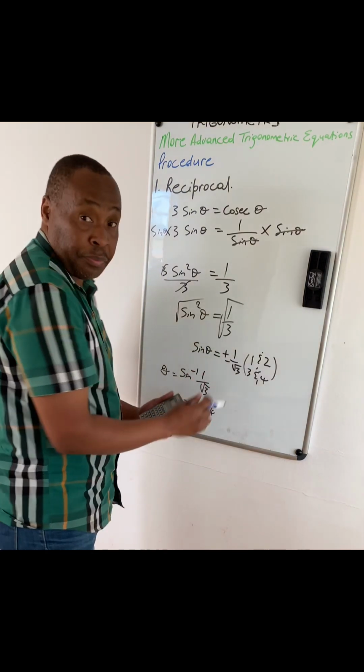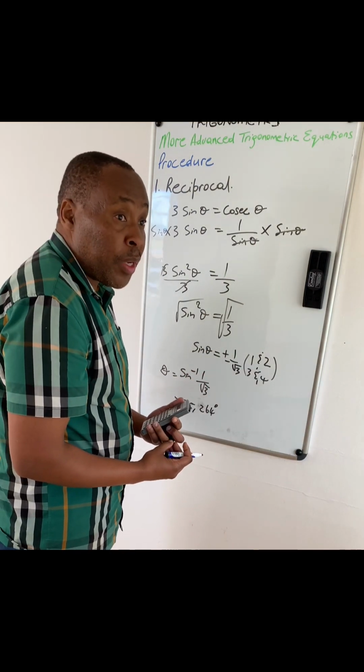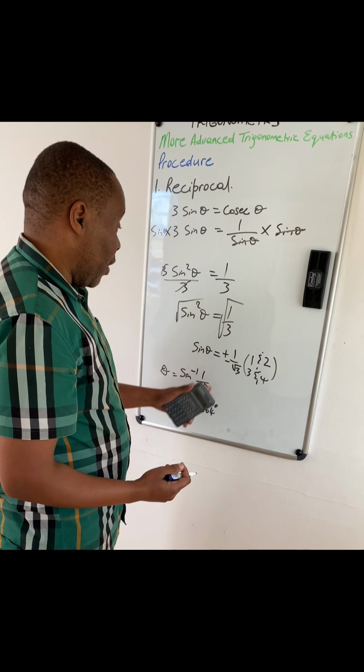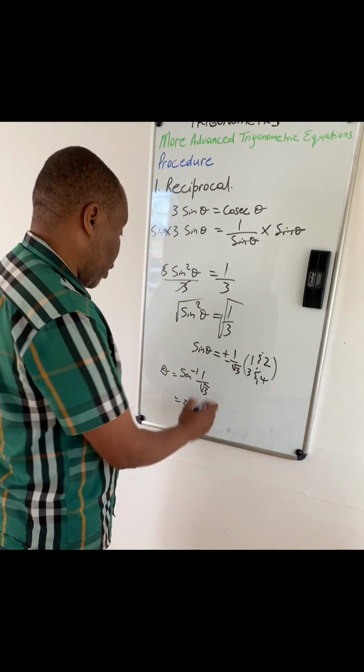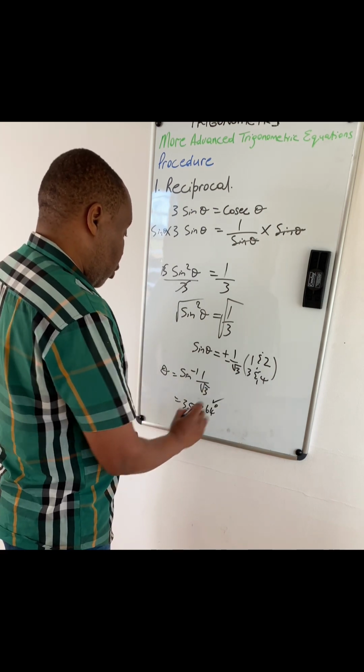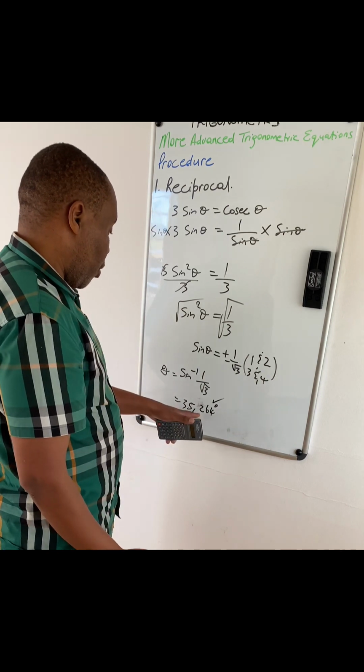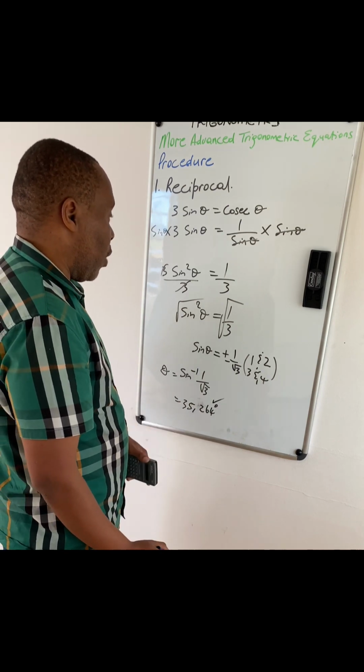Because it covers all the quadrants, we have to do all the quadrants. But this one is the first one. It's 35.264. This is the first quadrant.